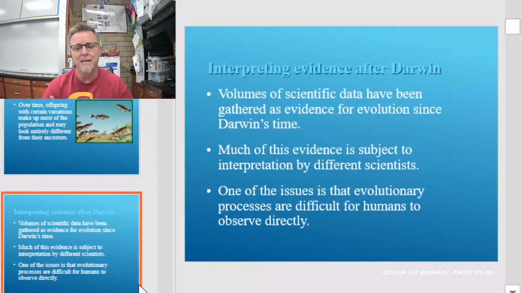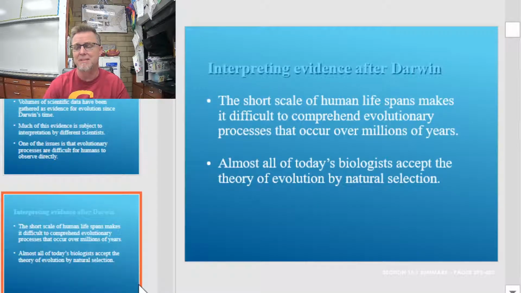The reason we can't really sit back and watch it happen is because humans don't live long enough. The short lifespan of a human really makes it hard to comprehend the time that is necessary for evolutionary processes to occur. And it's really hard for you to watch evolution happening from beginning through middle to end. Most of the time, we're just kind of somewhere in between.